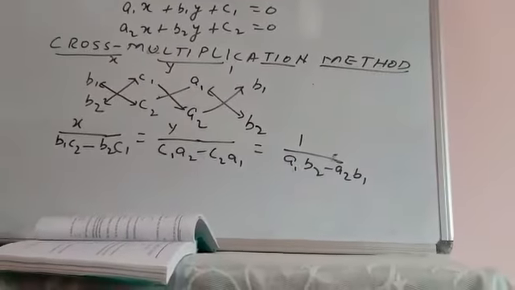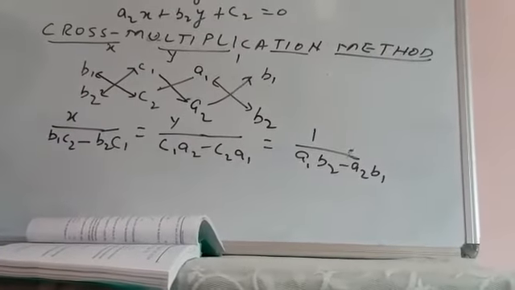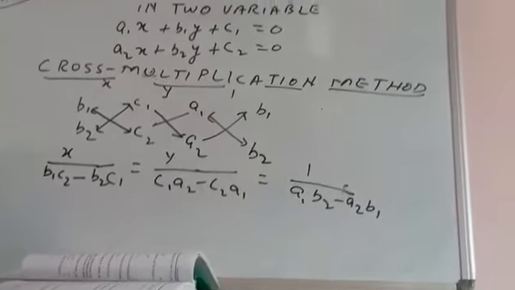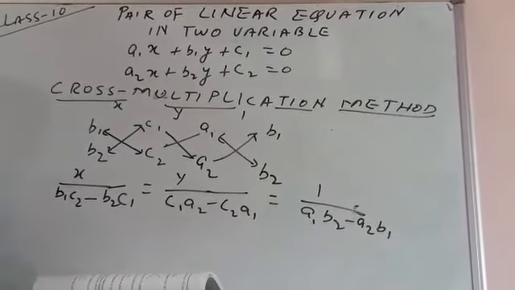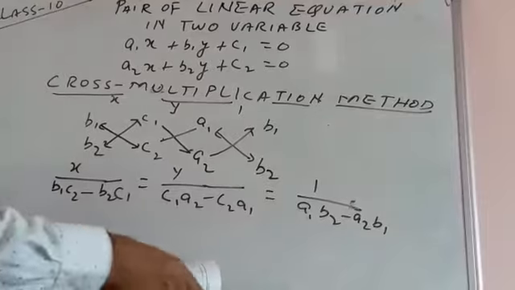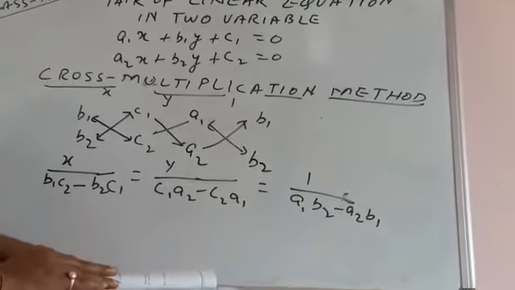So this is the formula. You can see it is simply made of the coefficients, and this is one way to solve questions by the cross multiplication method. So how will you become confident about it?